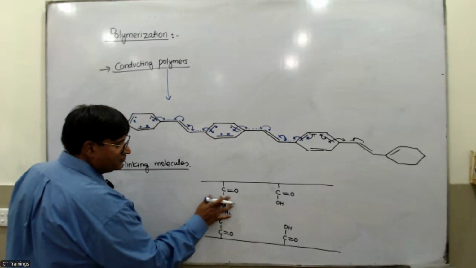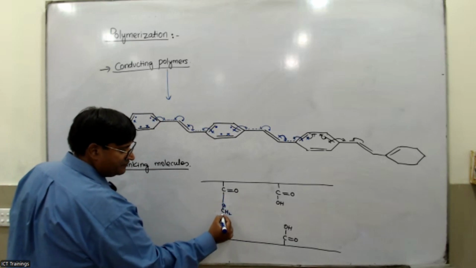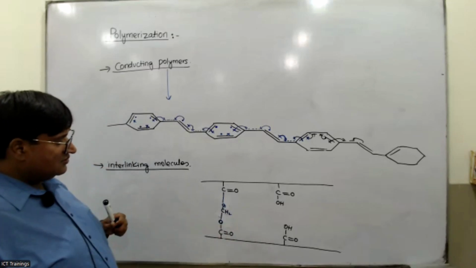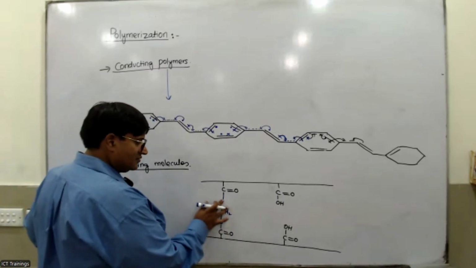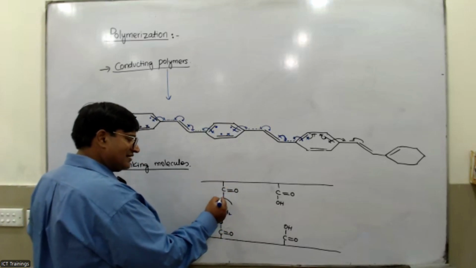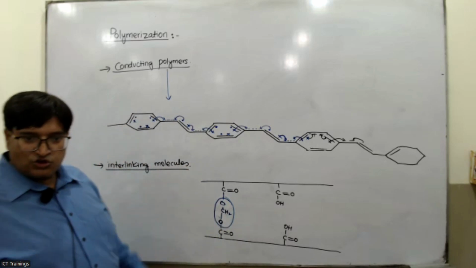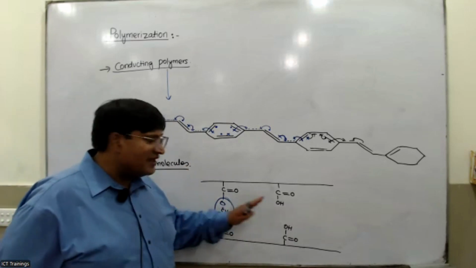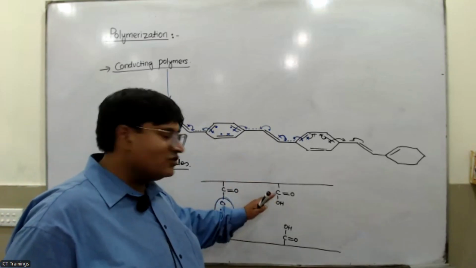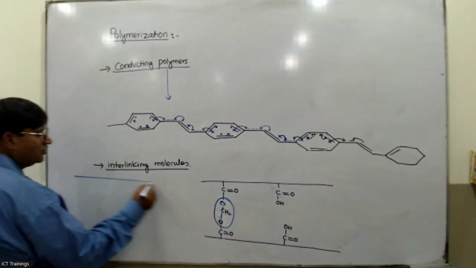Now this one is joined with it, and this one is joined with it, like that. Are you getting my point? Now these two polymer chains are linked together by this interlinking molecule. So you put some molecules between the different polymer chains depending on the groups they have.